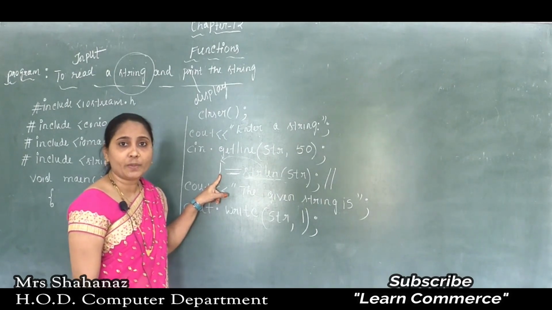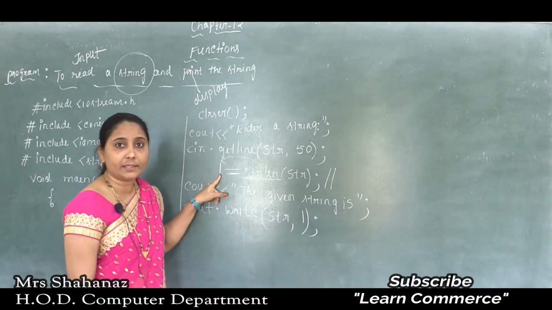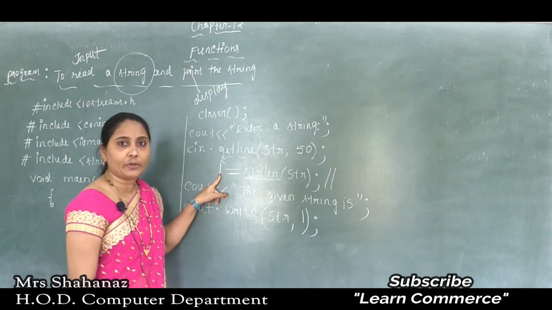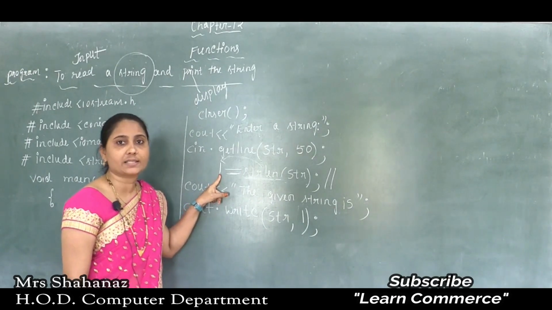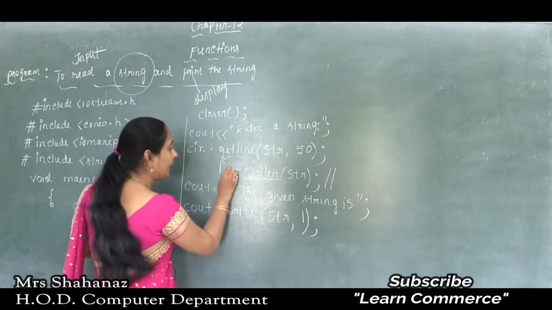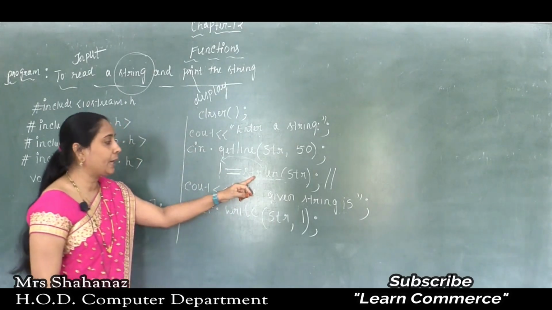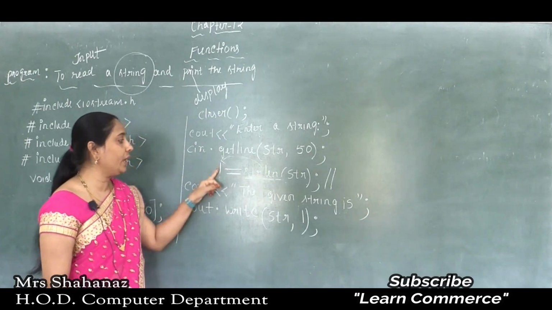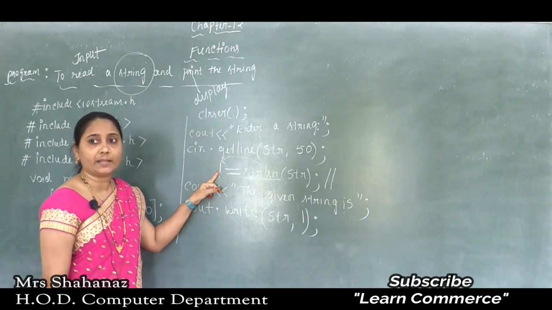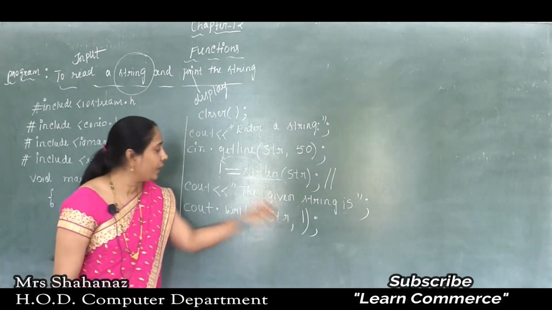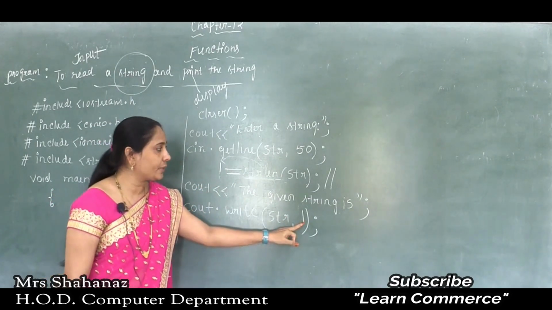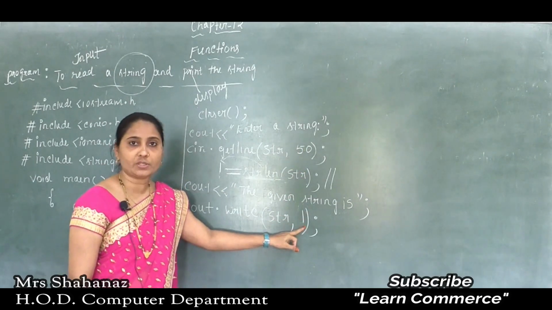And how is it possible to make a copy from one to another? Such a copy we can do by using a sign. The sign is called the assignment statement, that is the equal sign. That means we copied from one to another. Now all those lengths of the string are there in our variable L. So instead of 50, I just want to use L only.